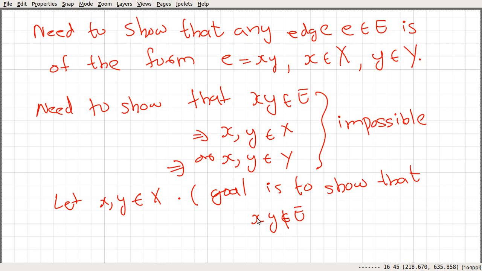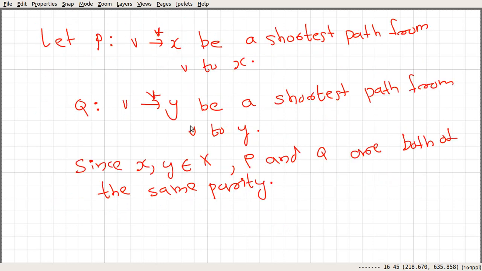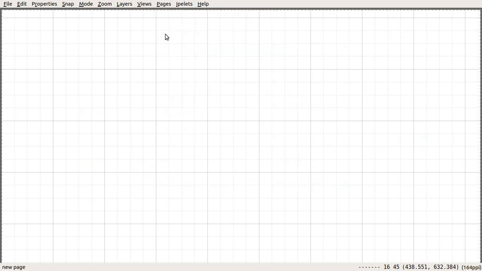Since x and y are elements of X, P and Q are of the same parity, in this case even. The situation is something like this.